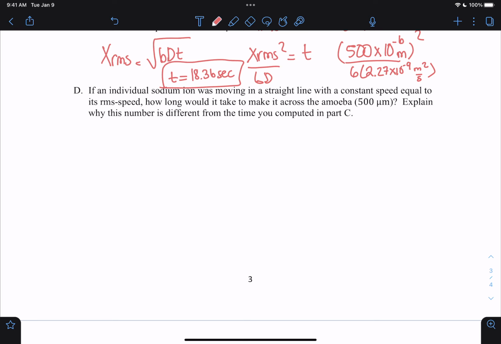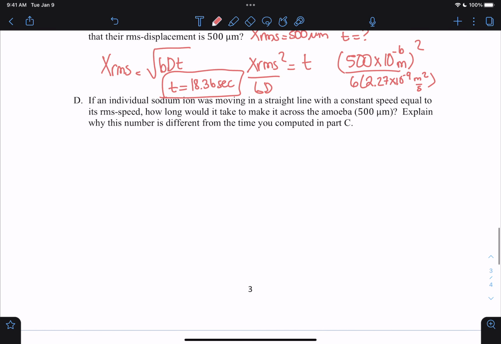Explain why this number is different from the time you computed in part C. So VRMS is our speed, and we're traveling a distance of 500 micrometers. How long does it take us to cover this distance? Just a hint, this problem is far simpler than you might think.